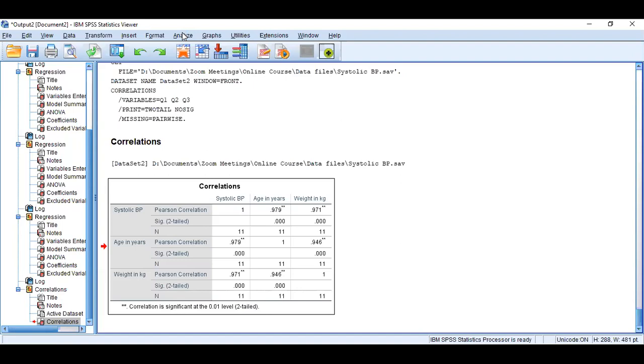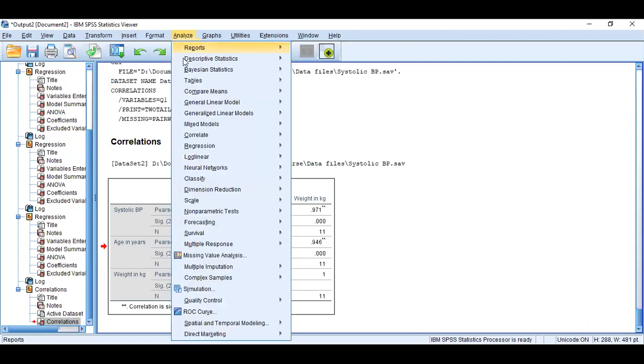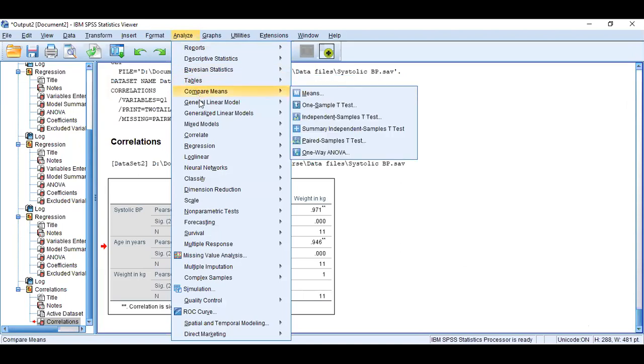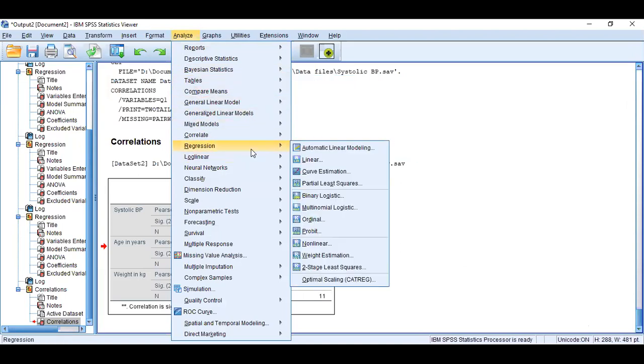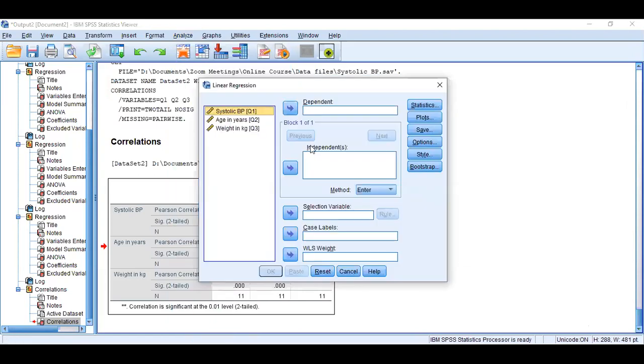Well, I don't think so, because if it is 1, it will be perfect collinearity. Okay. Let's do it and see. So regression: systolic blood pressure. Let's start with age and see what it gives us.